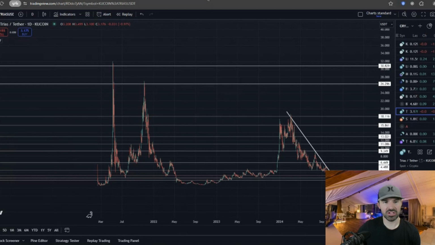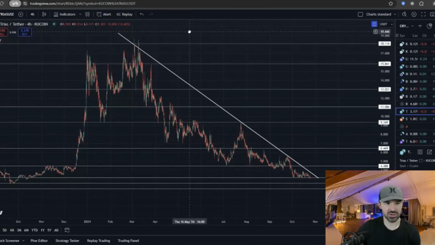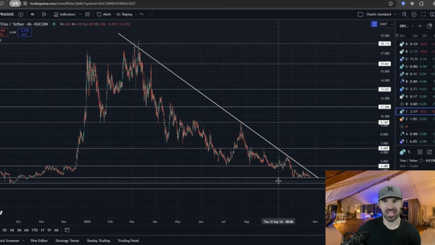But if we just zoom into the 4-hour chart, as you can see with Trias, it is currently sitting on support. So it has found some good support here around the $3 mark. Now, in my opinion, I think this is probably the worst time to sell Trias, because obviously it's going through this migration process.